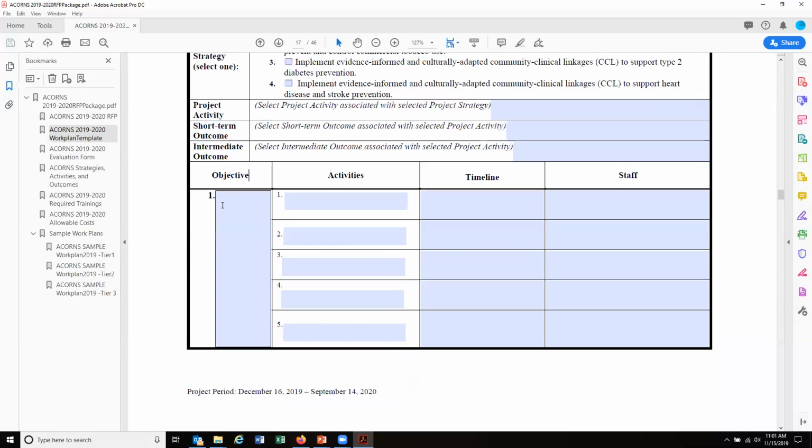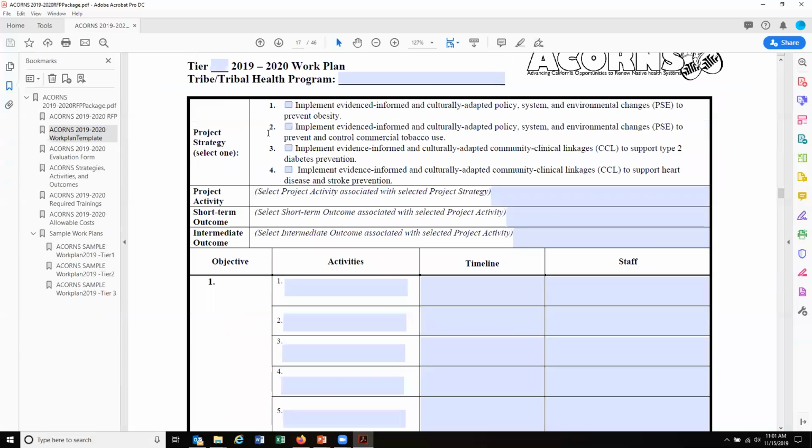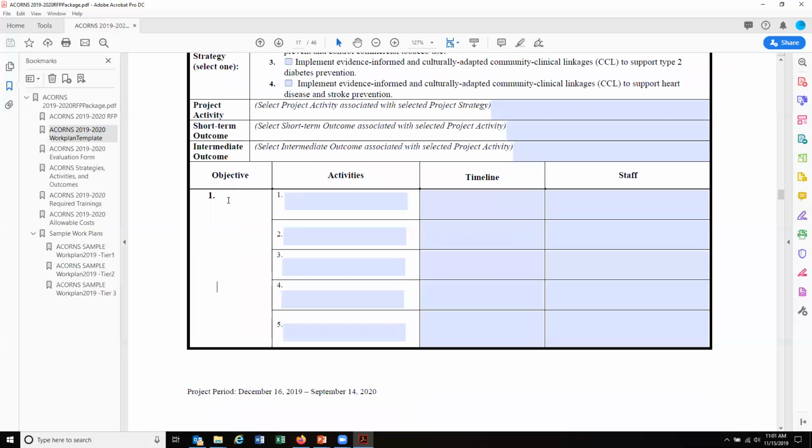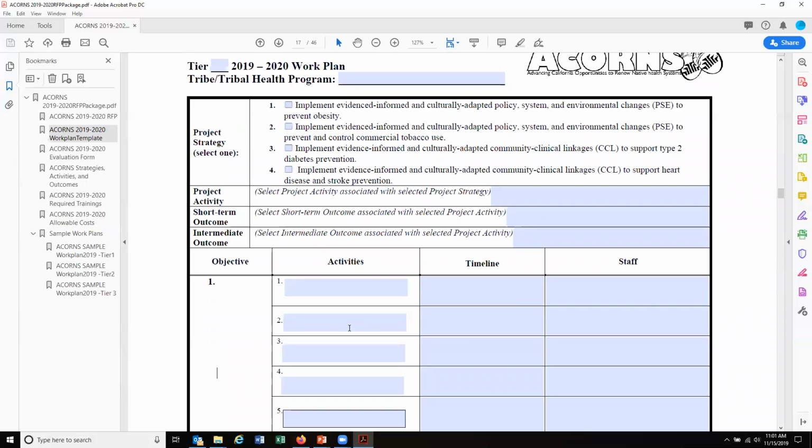So objective is a little bit broader, but also a specific accomplishment. And again, this will be done within this project year. So these strategies aren't necessarily going to be achieved by the end of year one. However, what you write in the objective and the activities section will be completed within year one. Likely you will select and work on a similar strategy or a similar activity over the course of the first 2 years, or maybe 3 years, or maybe all 5 years.